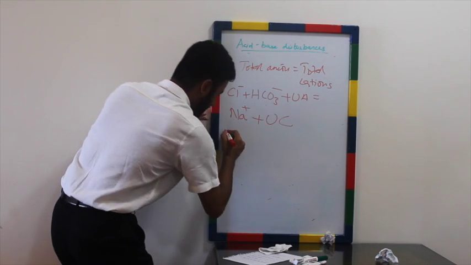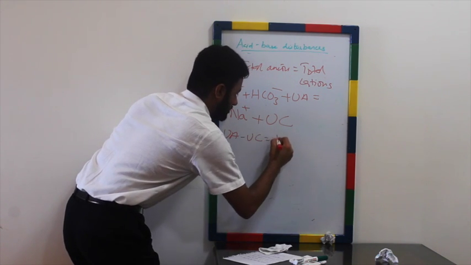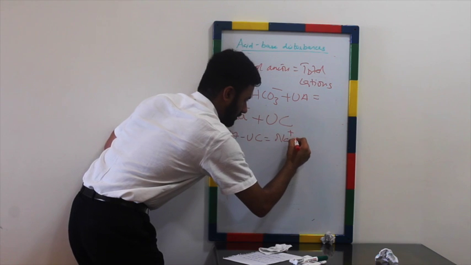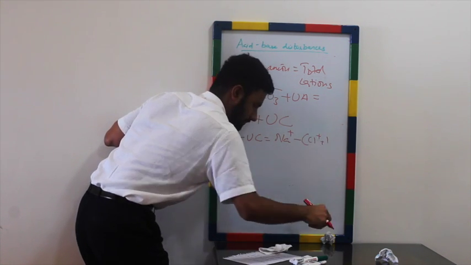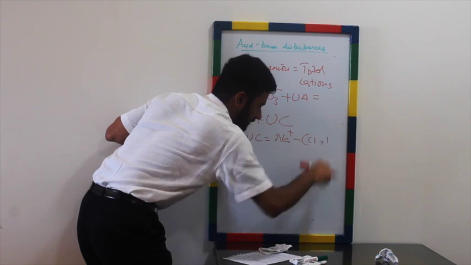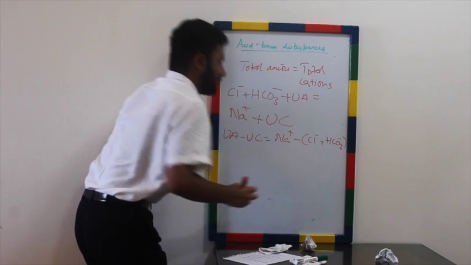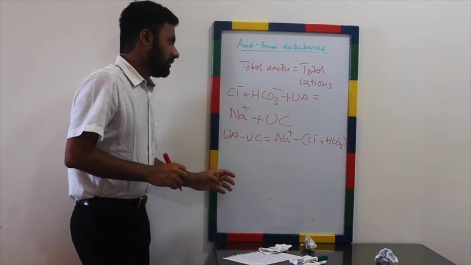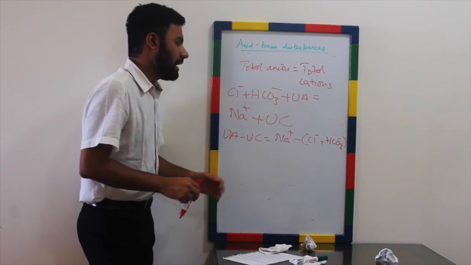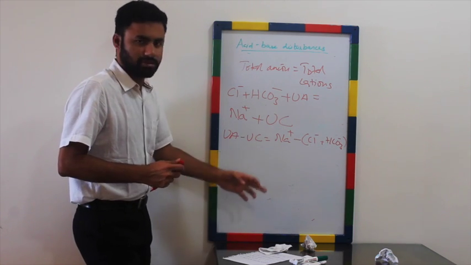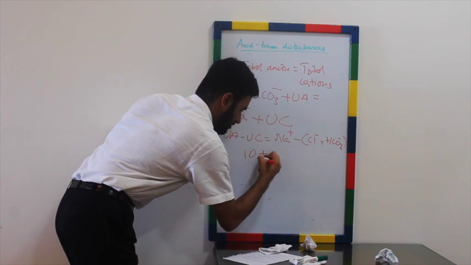Just rearranging this equation, the unmeasured anions minus the unmeasured cations is sodium minus chloride plus bicarbonate. So the anion gap is the excess of unmeasured anions in the plasma, and the formula used is sodium minus chloride plus bicarbonate. The normal anion gap is 10 plus or minus 2.